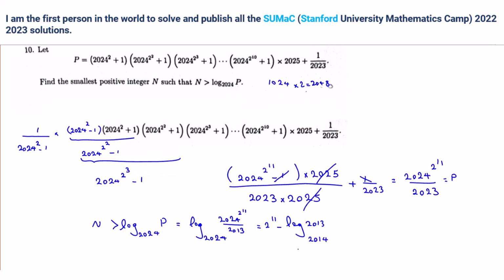Oh wait, this one, minus 2024, minus 2023, I guess. It is around what number? Oh, it's less than 1. Yes, it is around, for example, 0.9 something, right? So n is what? 2 to 11, to the power of 11.